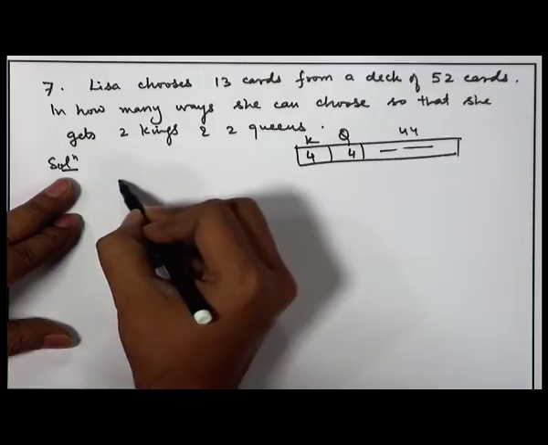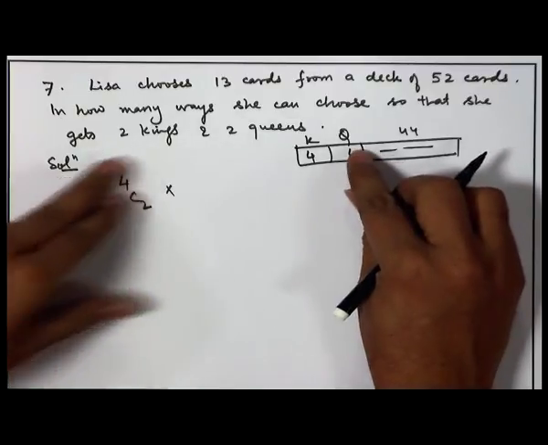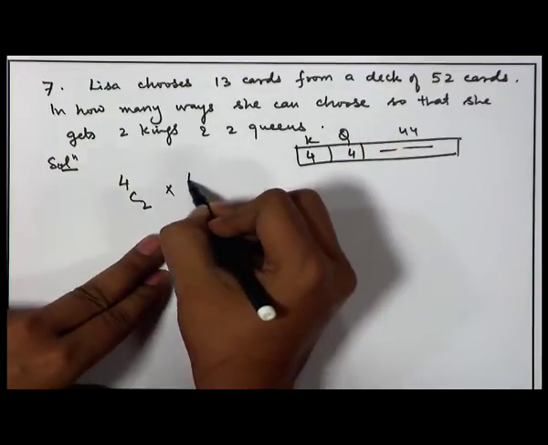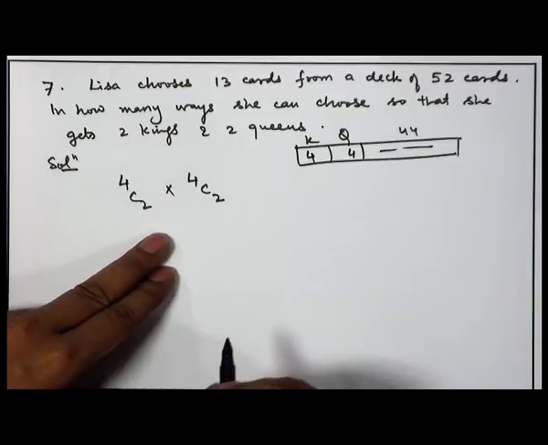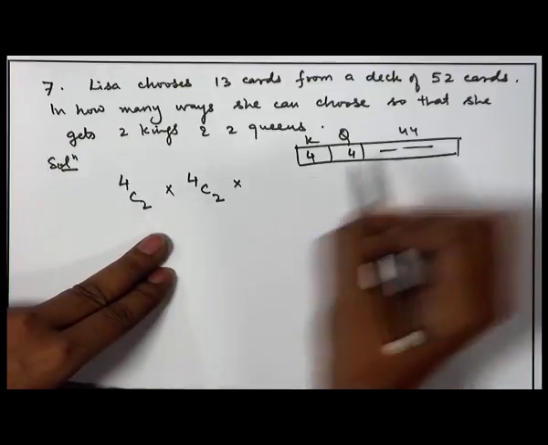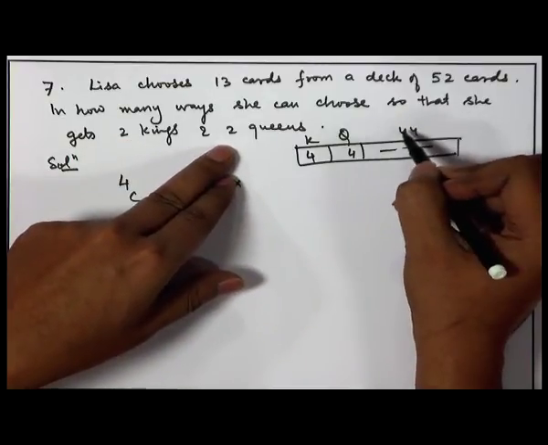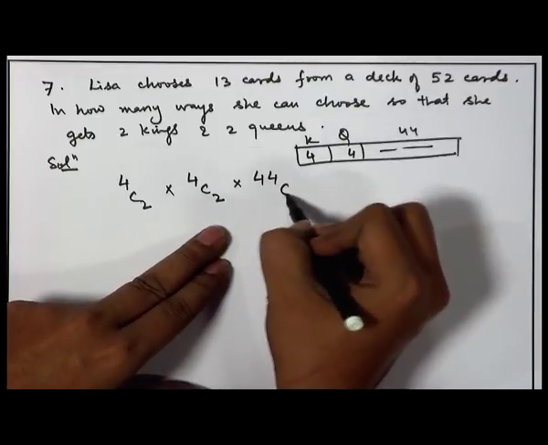So that number will be 4 C 2. Similarly, we are also getting 2 queens, so by the multiplication principle, this is multiplied by another 4 C 2. Now, this also places the condition that the remaining 9 cards can be any of the 44 cards. So that is 44 C 9.